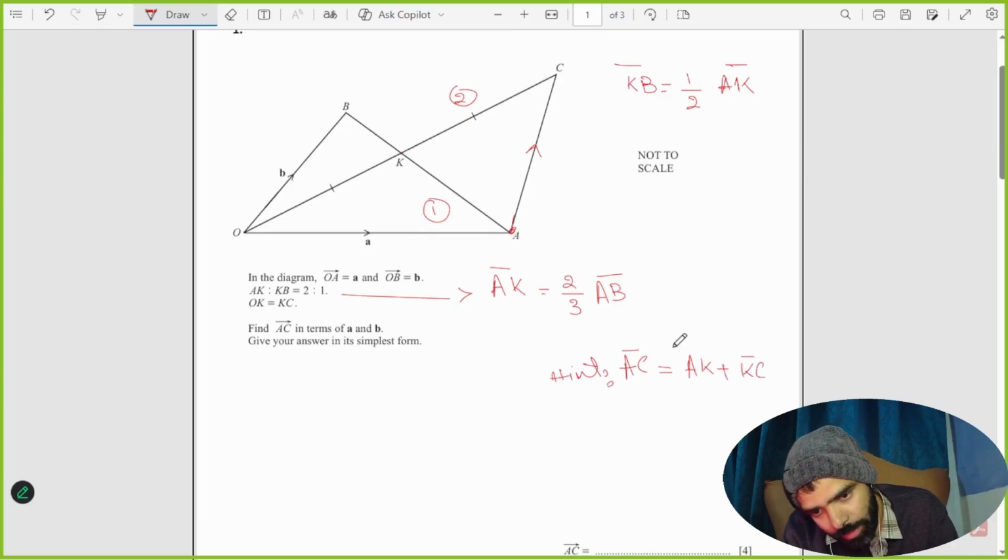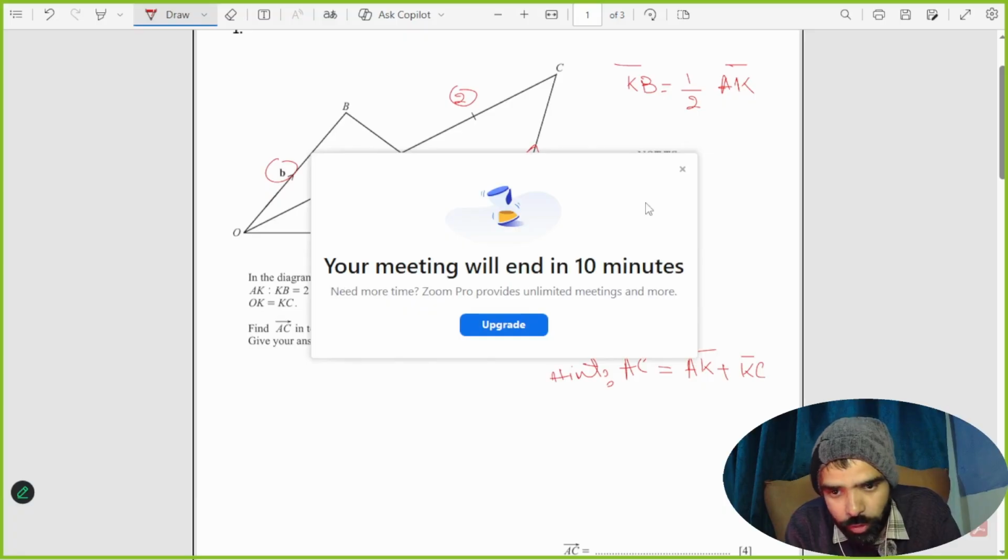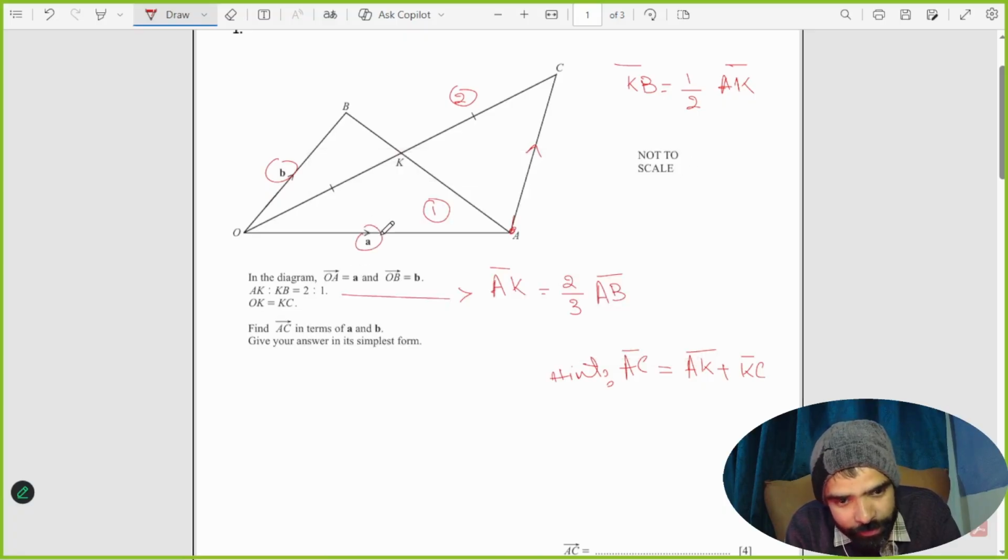Okay. So we need to find vector AK and KC in terms of small a and b. It's very easy to find vector AK in terms of small a and b. You need to find vector AB, because if you find AB, two-thirds of AB is AK.